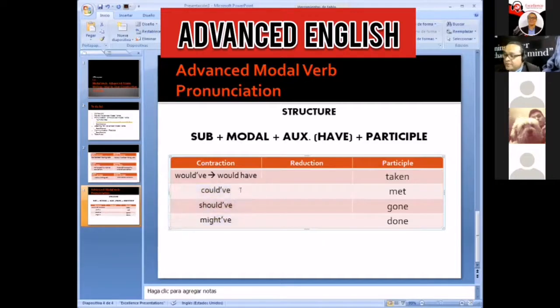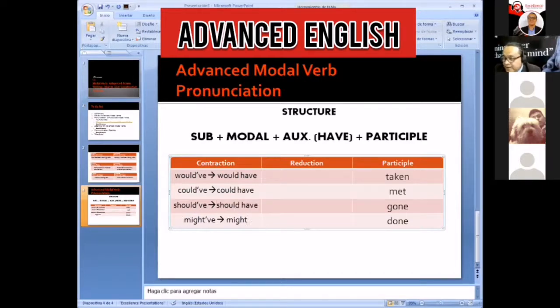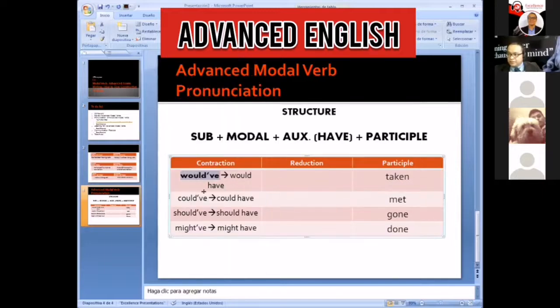So could've is the reduction of could have, not could has, but could have. Should've is the reduction of what? Should have, exactly. And might've is a reduction of might have. Okay, good. So what I want you guys to take away today is the pronunciation.